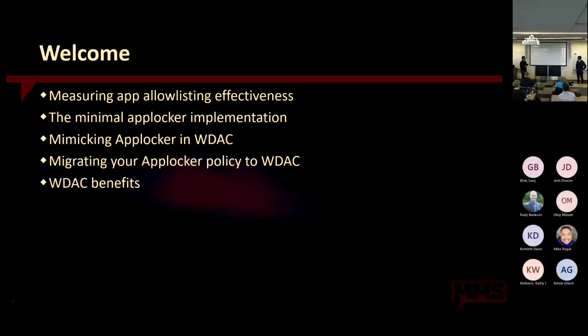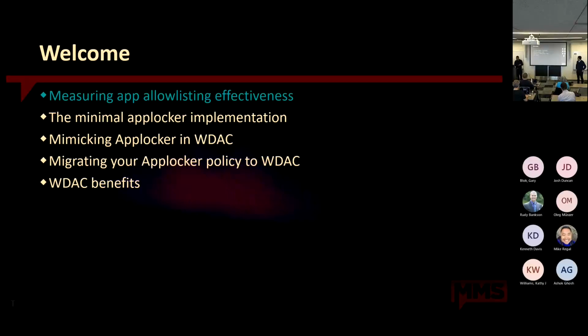First of all, Kim did a lot of work in trying to measure how effective your AppLocker setup is, so he's going to explain how he did that. Then we're going to see what the minimal AppLocker implementation looks like, how we can replicate that in WDAC, how you can migrate from AppLocker to WDAC, and finally, why would you want to do that migration if the end result is the same? Spoiler alert, it's not going to be the same. So there are definitely some benefits in doing that.